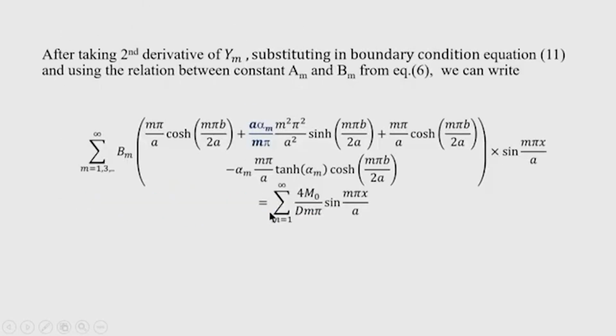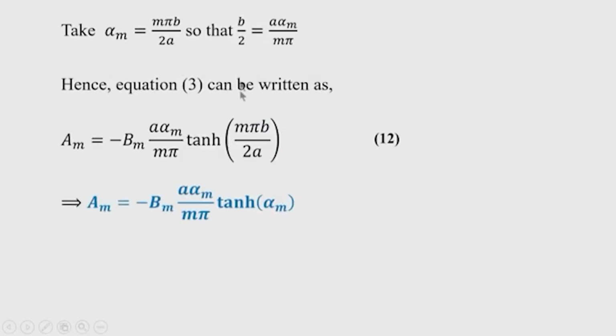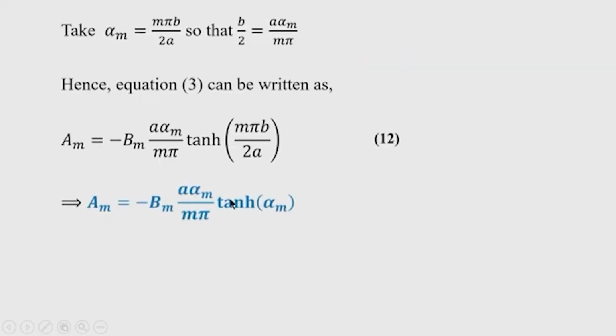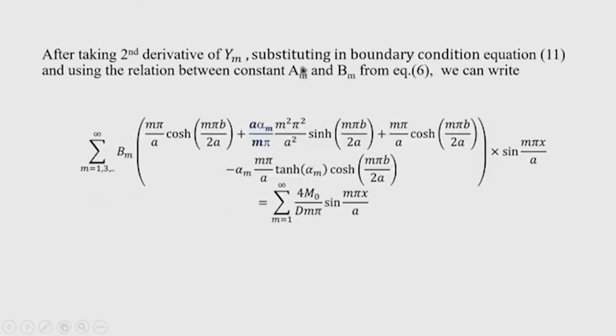Here, this is substituted as alpha m. Okay. After taking the second derivative of y m, because the bending moment boundary condition requires the second derivative of y m, and then substituting the boundary conditions, the edge moment is f x. So, minus D del square y by del y square equal to f x.